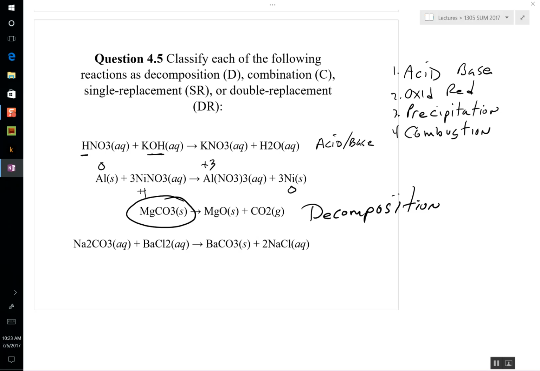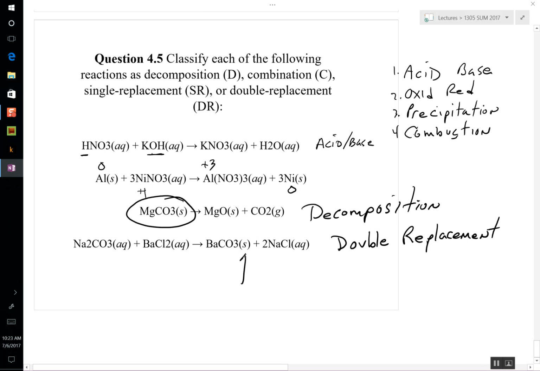The barium is taking the place of the sodium, so it's becoming barium carbonate. The sodium is taking the place of the chlorine, so that's double replacement. And a precipitation. All right, so the two different ways of classifying chemical equations, you can have chemical equations that fall into both kinds.